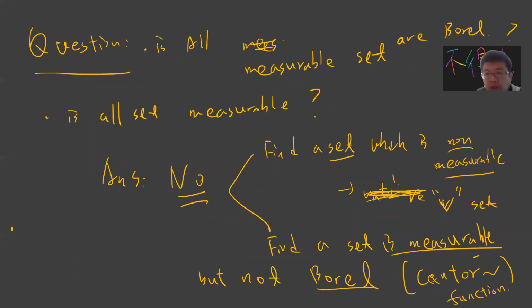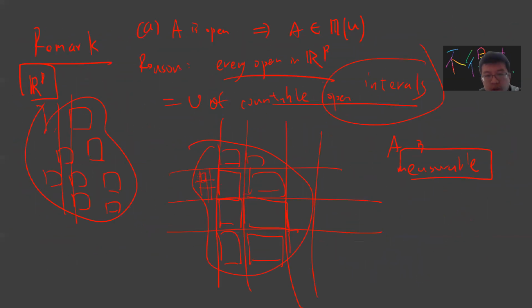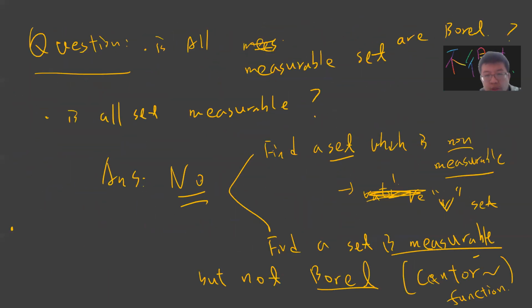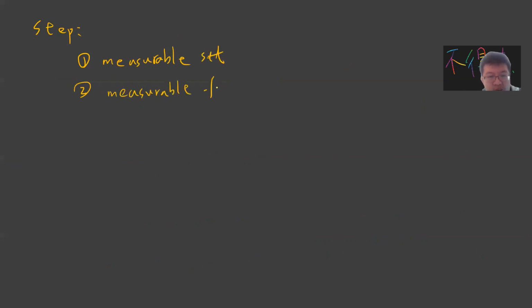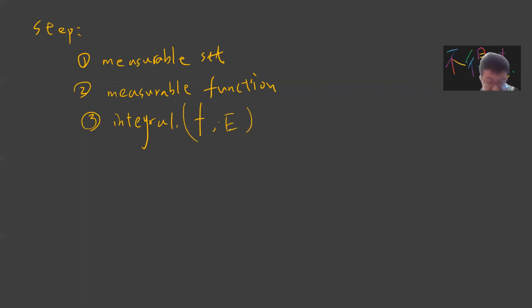Okay, so the key idea is that we have just defined the measurable set, so now we can define so-called measurable functions. The usual steps in Lebesgue theory are: first you define a measurable set, then you define a measurable function, and third, you define the integral of f, of a measurable function over a given measurable set.